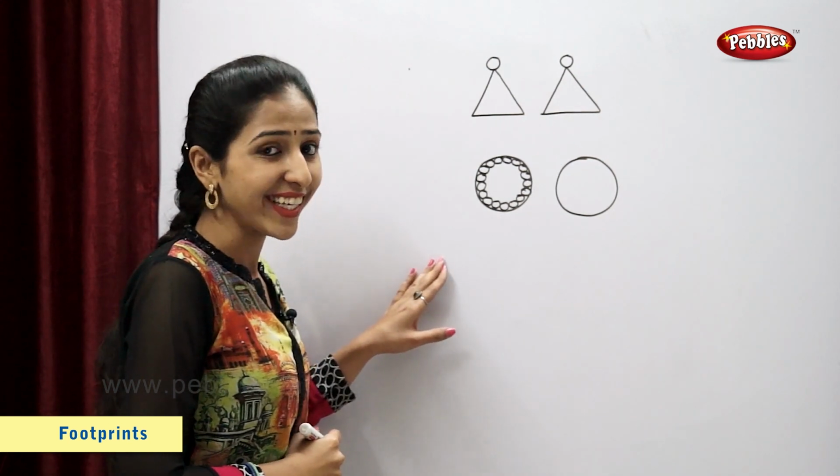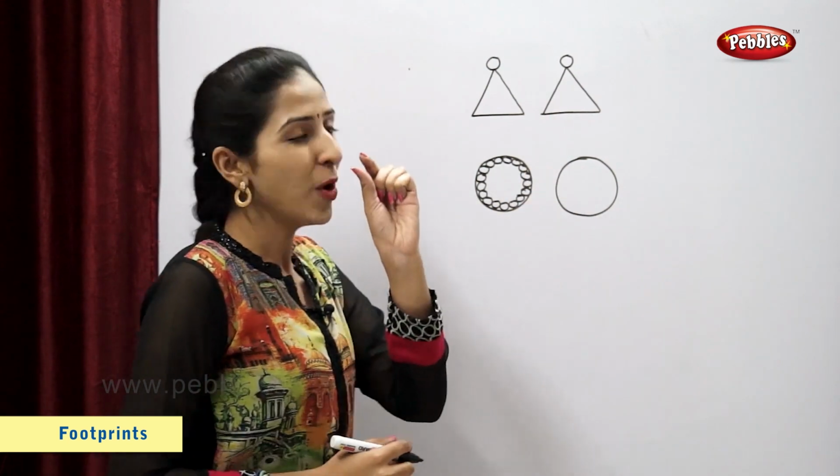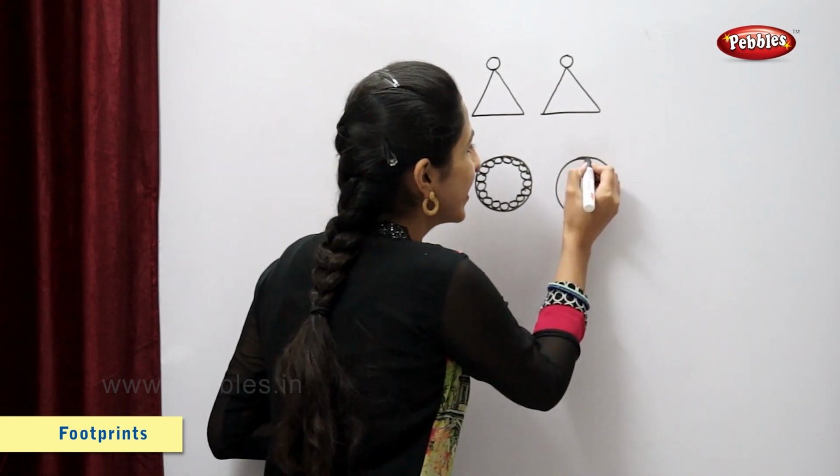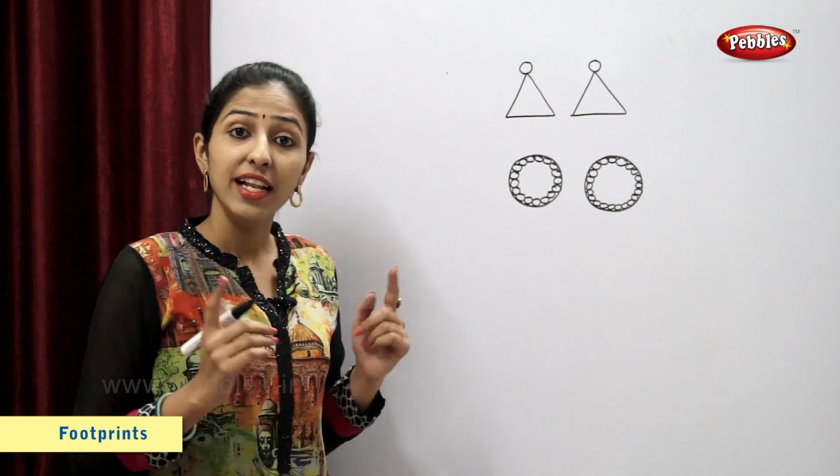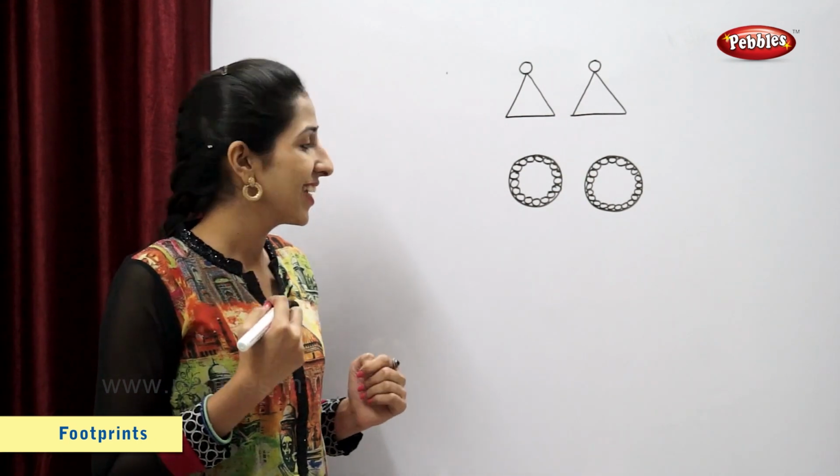This is looking nice. Let's draw small circles again. Now let's make a necklace.